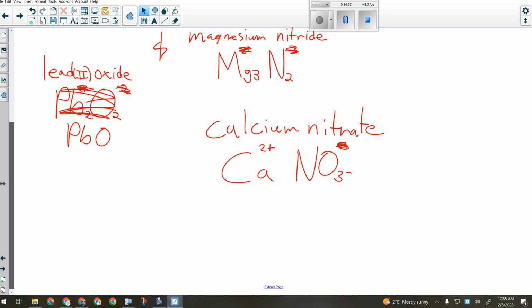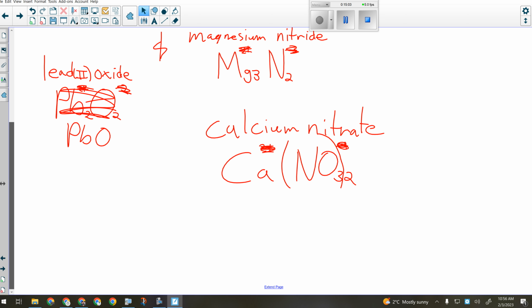But if I write it like this, what does that say? It's saying there's 32 oxygens. Is that what I want? No, I want to have 2 nitrates. That's why you saw on this slide further up that there were brackets around the polyatomic ions.